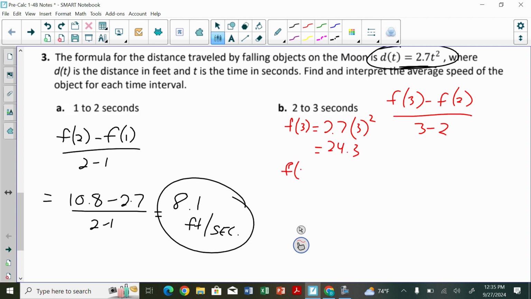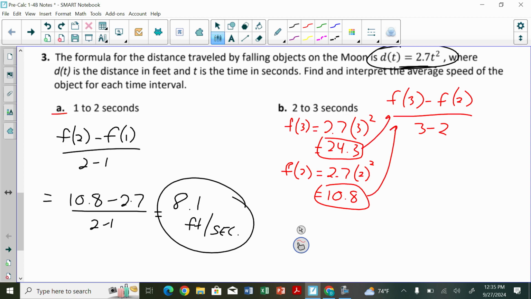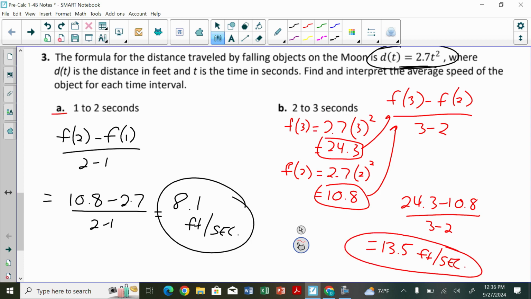I can evaluate f of 2 the same way, which gives us 10.8, as we know from part A. Then I take these values and plug them into this formula. So 24.3 minus 10.8 over 3 minus 2 gives us 13.5 feet per second.